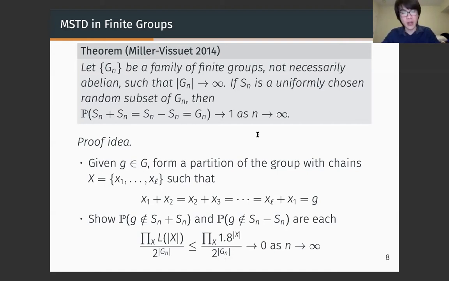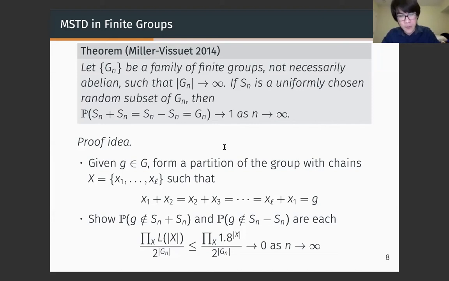And then we take the product over all of the partition. And then we bound the Lucas number from above by 1.8 to the size of X. And then note that since the chains X form a partition of Gn, when we sum all the sizes of X, we get exactly the size of Gn.